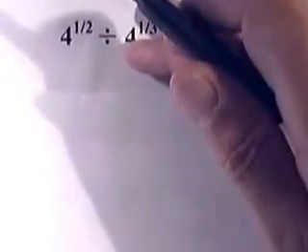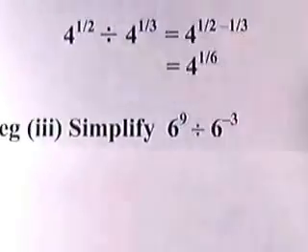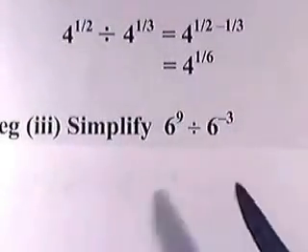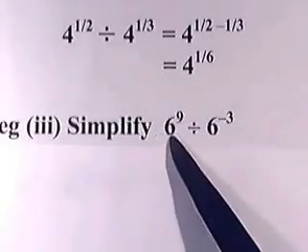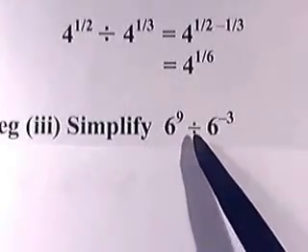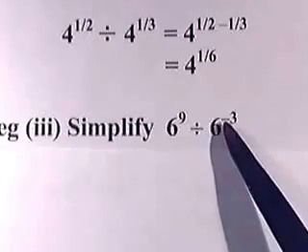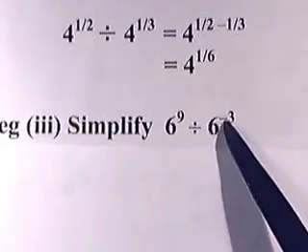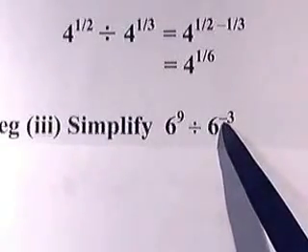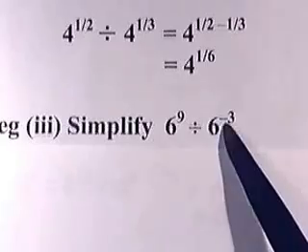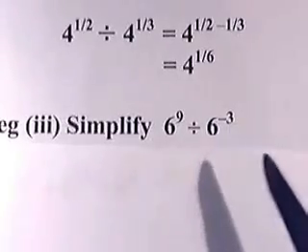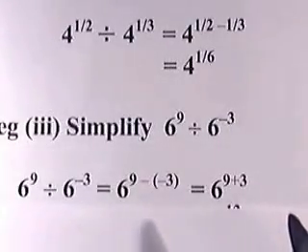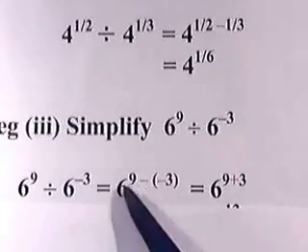Okay, let's move on to another example, and supposing this time you're being asked to simplify 6 to the power of 9 divided by 6 to the power of minus 3. This minus sign is going to affect the result very radically, so keep an eye out. Here we are. We still obey the rule.